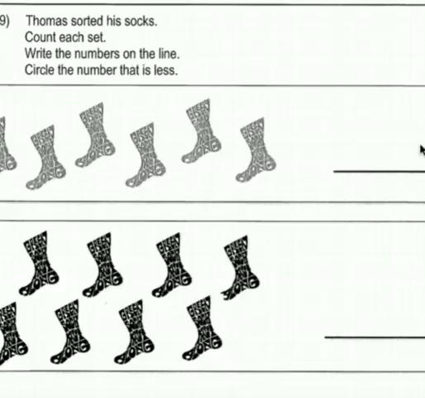So you're going to write a number here after counting, and then you're going to write the number here after counting to show how many. Once you have done that, circle the number that is less. So you're only going to circle this one or circle this one. You're not circling both.